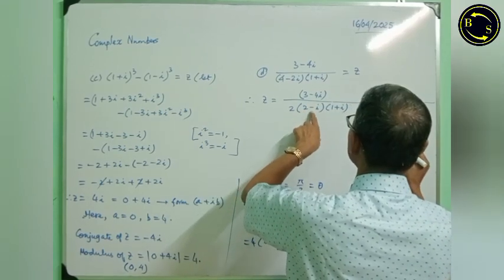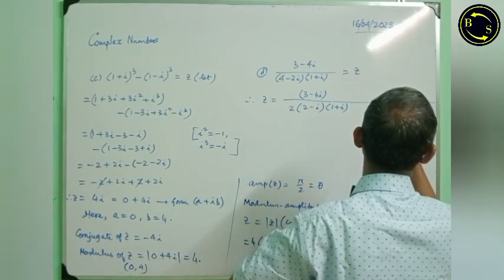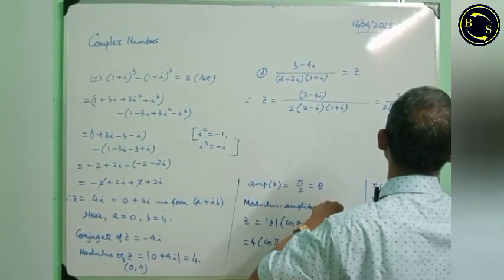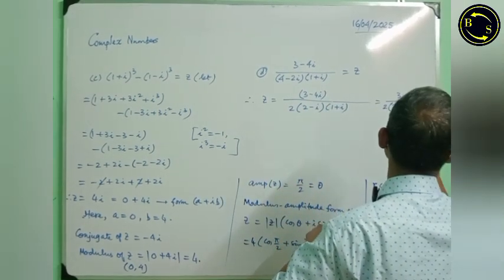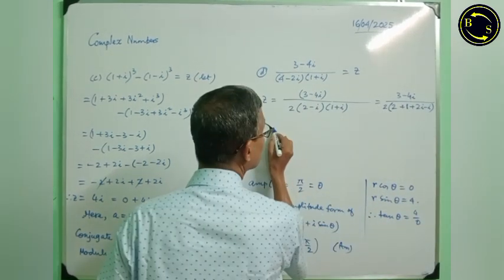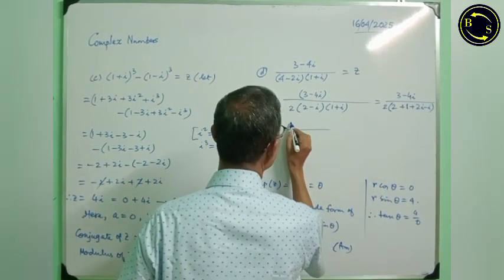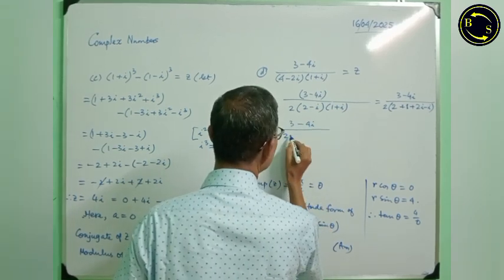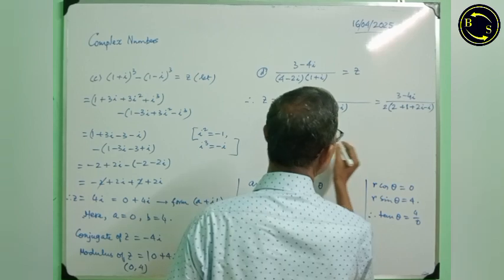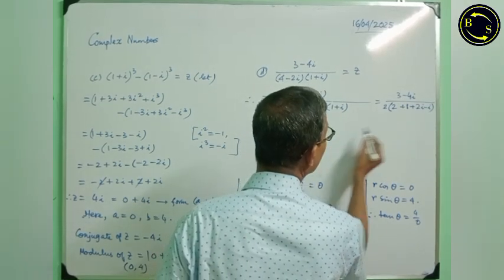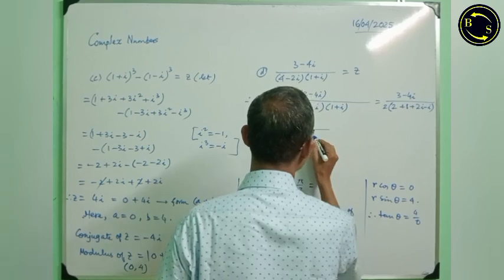2 minus i square, that means plus 1, plus 2i minus i, that will be equal to 3 minus 4i over 2 within brackets 3 plus i.